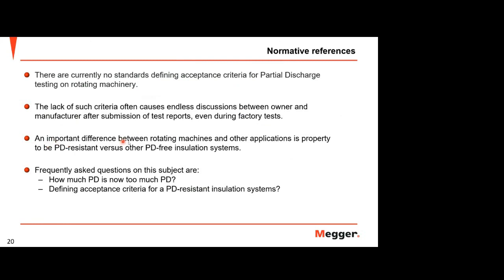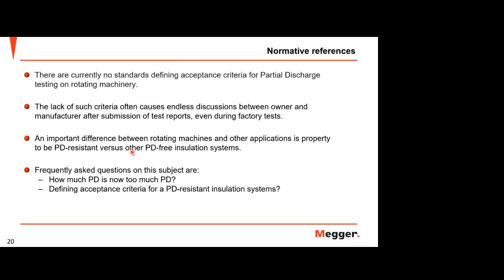An important difference between rotating machines and other applications is the property to be PD resistant versus other PD-free insulation systems. As we know, the rotating machine actually is designed with a certain PD value. Even in normal condition, there is already PD on the rotating machine.